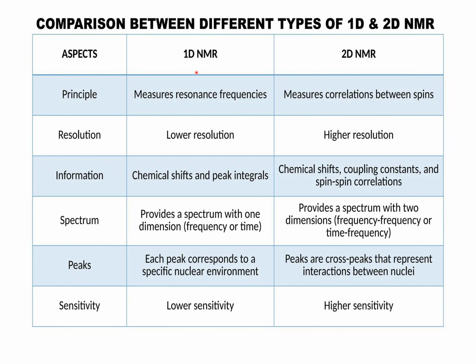As we have discussed in the previous slides, these are the 1D NMR, and 2D NMR actually provides better resolution and also provides information regarding the spin correlation, and higher sensitivity. Cross peaks can be studied.